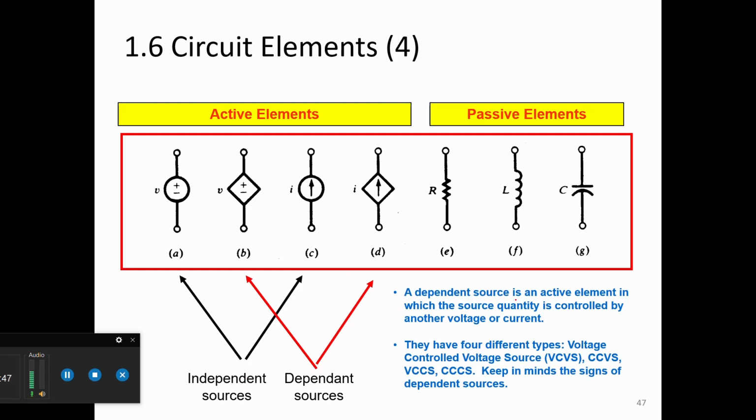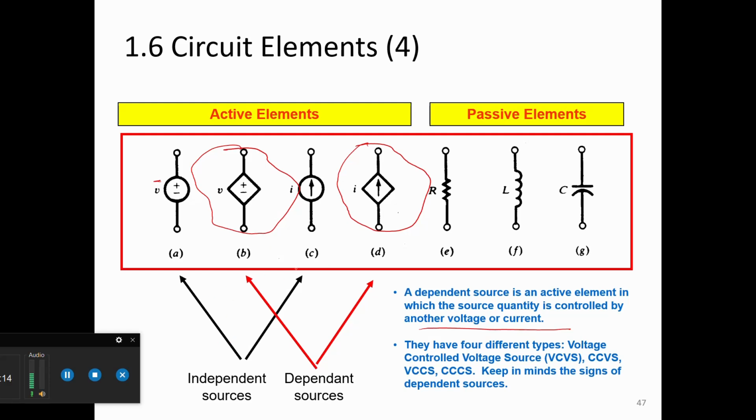A dependent source is an active element in which the source quantity is controlled by another voltage or current. So these are dependent sources: this is a dependent current source, and this is a dependent voltage source. And these round ones are the independent voltage source and independent current source.